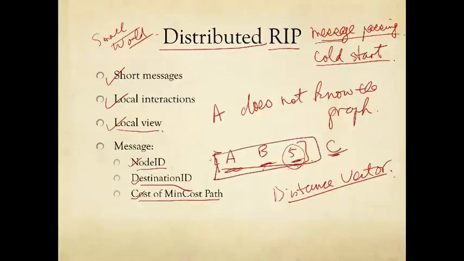However, when you send the message only to your local friends, you only need to send the first 3 fields. You don't even need to tell your neighbor how you're going to finish the job. That's your business, none of their business. They don't need to know how you do your part of the job. They just need to know the cost it takes for you to get to this destination. So the message passes 3 fields, while each row of the routing table consists of 4 fields.